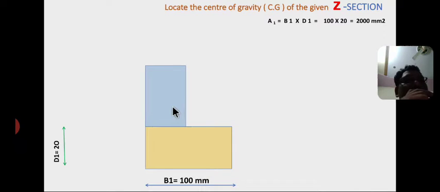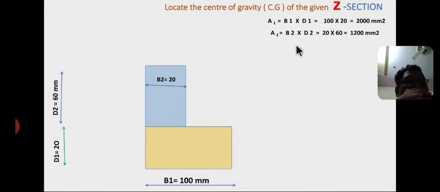Now the area of the second rectangle is B2 into D2. So B2 equal to 20 and D2 equal to 60. So area 2 equal to 20 by 60. So this is the area of the second rectangle. Now I am taking the third rectangle.